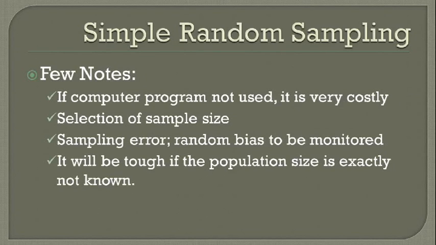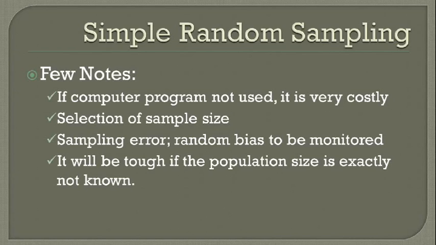Now let us see a few notes about simple random sampling. If a computer program is not used, it is very costly, as I have discussed already. Selection of sample size is a very tricky one. What percentage will be the best? This will be defined by the researcher after considering the phenomenon.